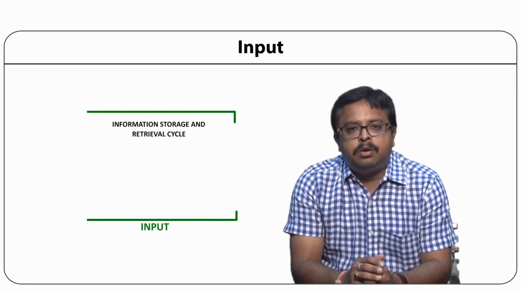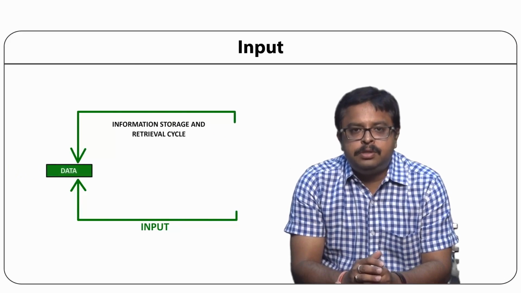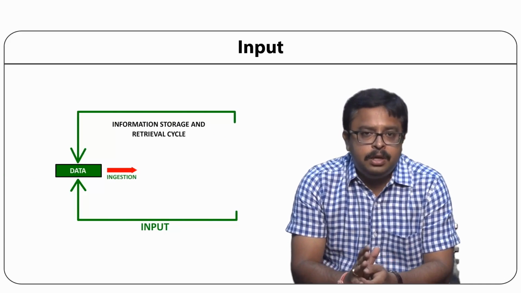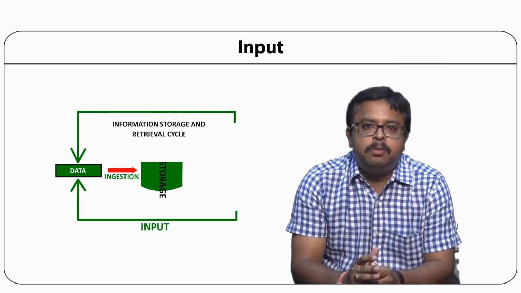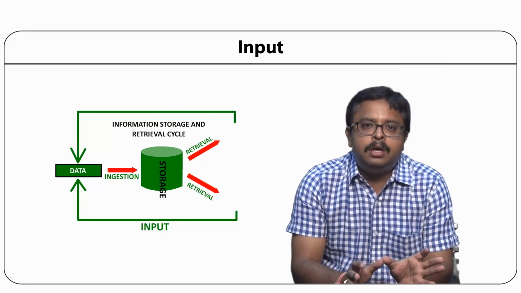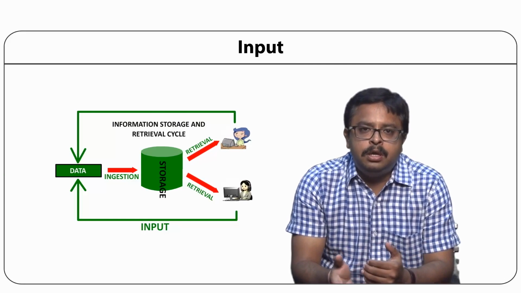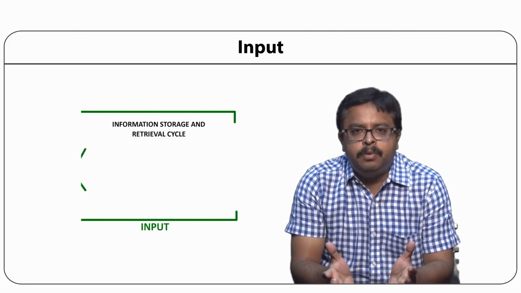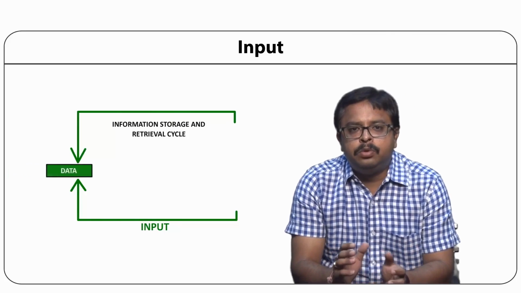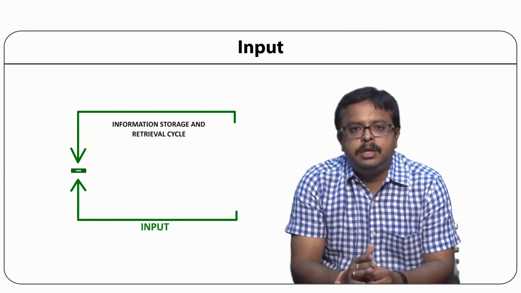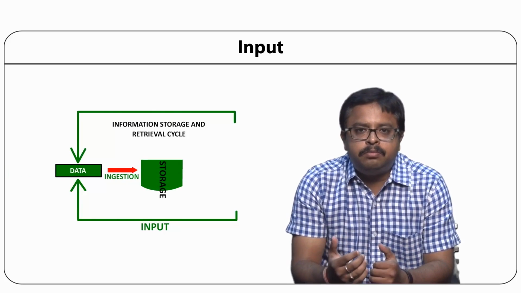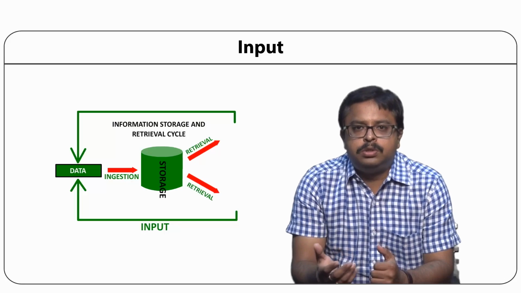This is a flow chart of a database. Normally a database is a storage of data. So you will see there is a block of data which is ingested in a storage of a database management system, or a place where data is stored. This data is ingested in a storage place which can be retrieved in turn by different users.